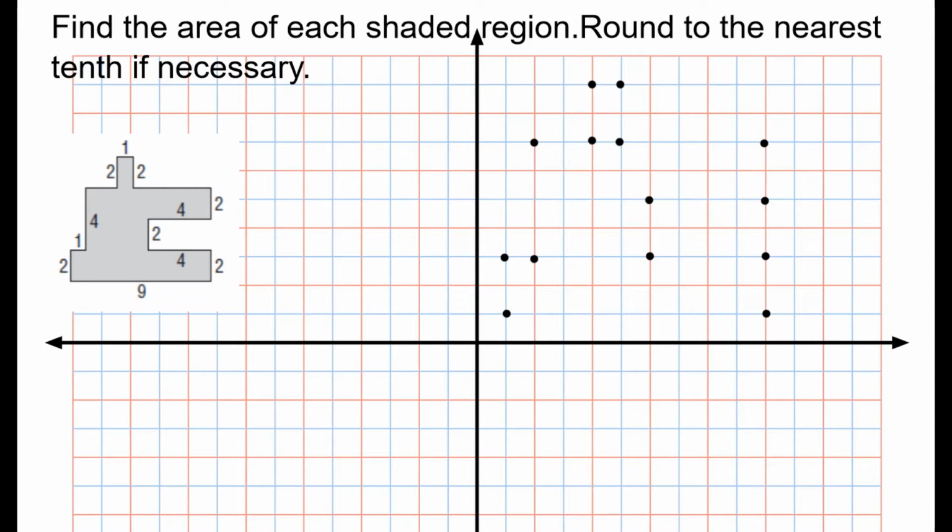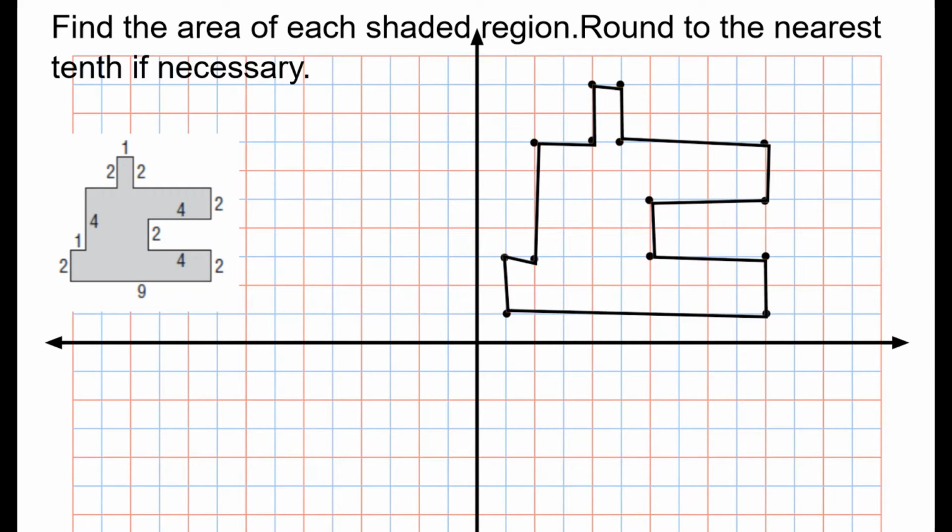My suggestion to you, if you get completely stuck on something like this, is to take a piece of graph paper and actually graph it out. So we can see on this, I'm a little bit sloppy here, so forgive me for that. That's basically our shape right there.